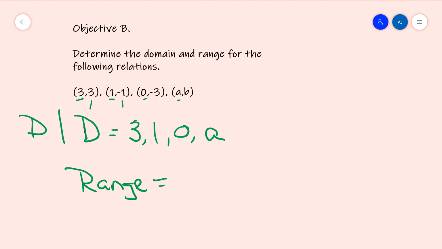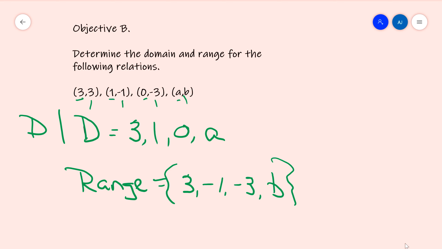So I've got a 3, a -1, a -3, and a b. They're all different, but I could have the same value for the range. So it's going to be 3, -1, -3, and then your b. Domain and range, that's your example for that.